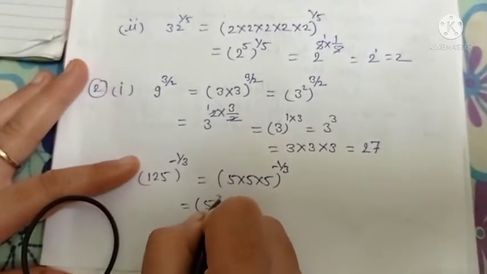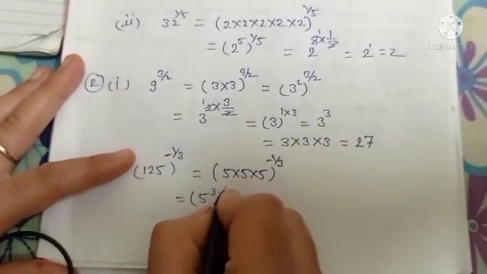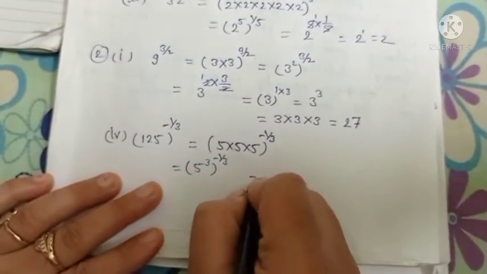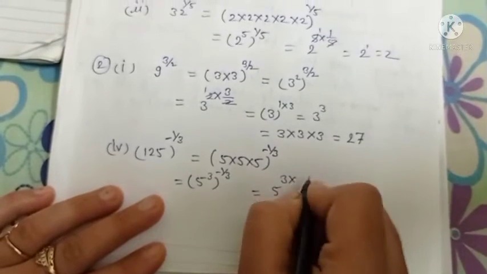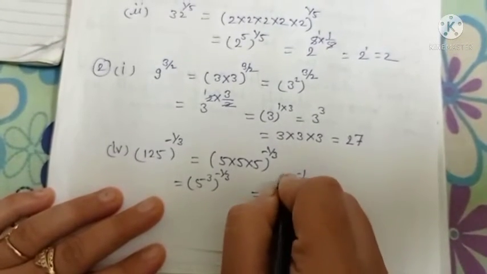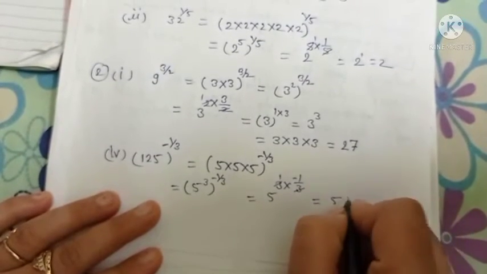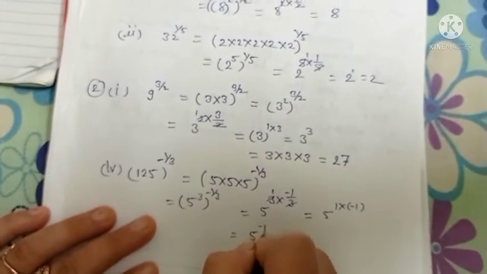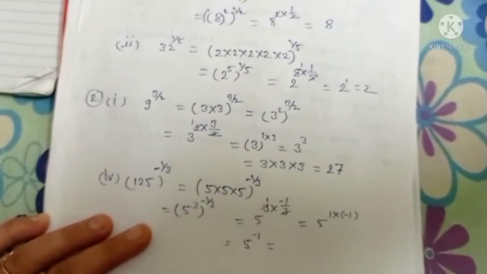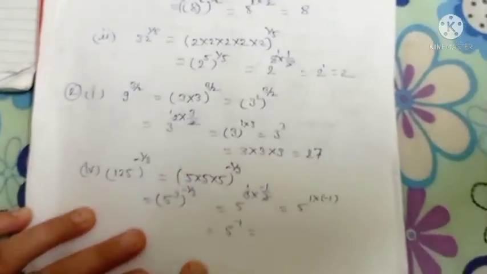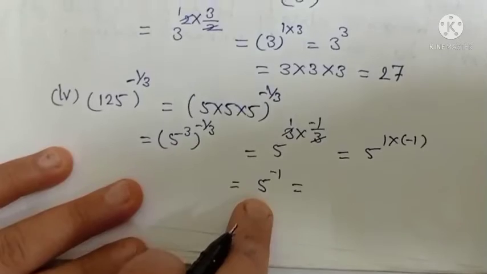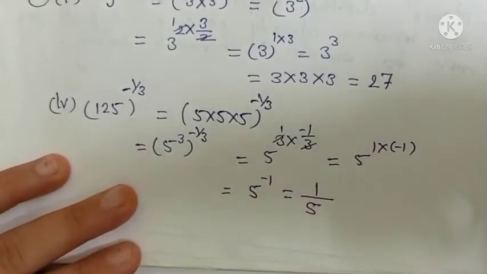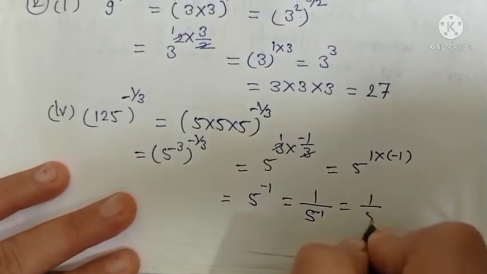We can write it 5 cube, bracket, power minus 1 upon 3, and powers are multiplied, 3 into minus 1 upon 3. 3 is cut by 3 one time, so we get 5 to the power minus 1. And we know that this is the power in negative. When it goes to the denominator, then it becomes positive. The power 1 means 1 upon 5.